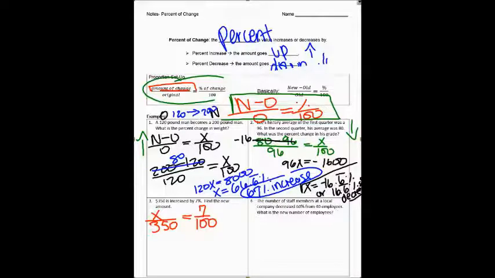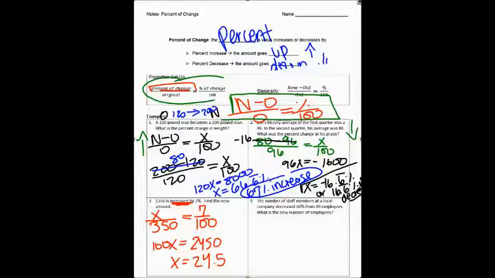When we go to solve this, we get 100x equals 350 times 7, which will give us 2450. Divide by 100, we get x equals 24.5. All right, 24.5 is the amount of change. Here's the thing though, we have to increase the original by this amount.